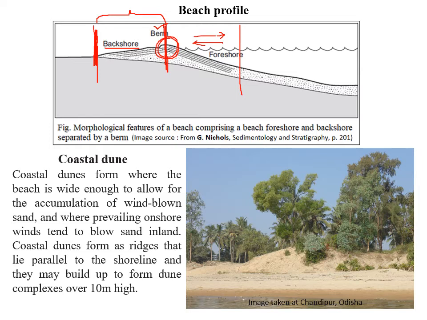But in the rest of the time of the year, this backshore part remains dry. So these are the areas mostly affected by aeolian activity, and due to this we find the sand deposits in these backshore areas are relatively more sorted compared to foreshore areas, and they almost always remain dry.